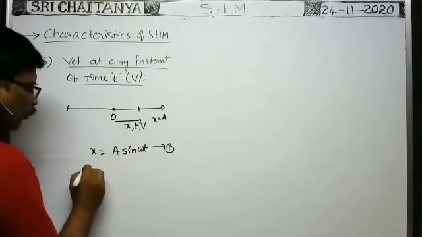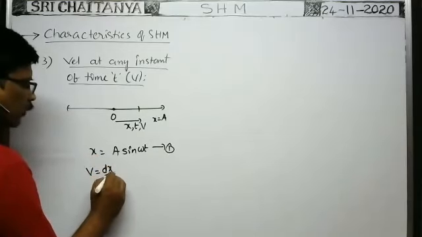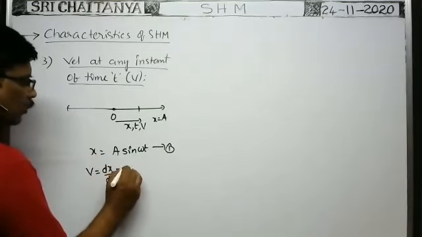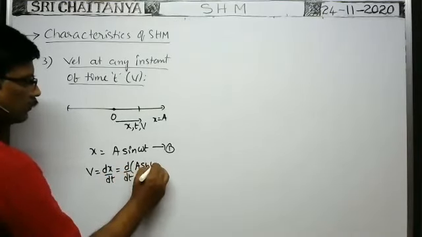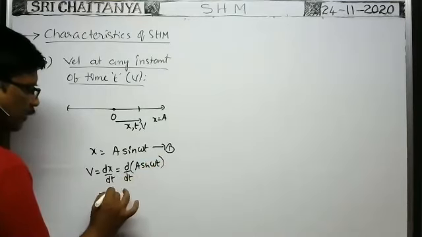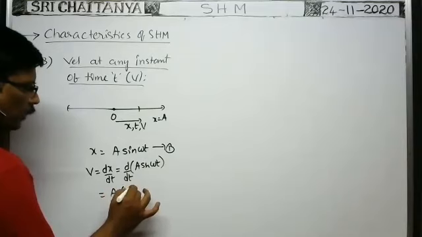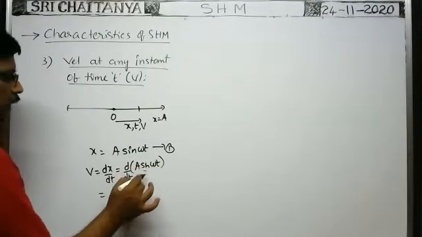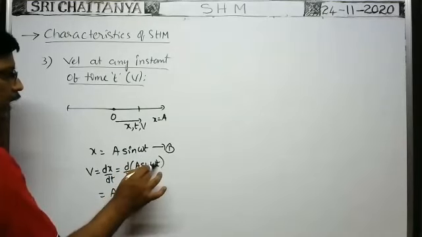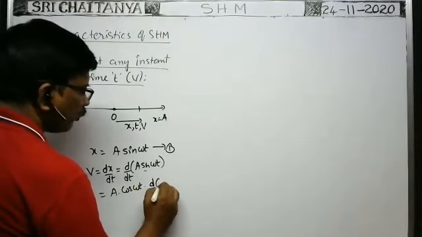That's why, in order to find the velocity at any instant of time, you write v is equal to dx by dt, that is equal to d by dt of a sin omega t. Of course, a is constant here, you keep it outside. d by dt of sin omega t means cos omega t into d by dt of omega t.